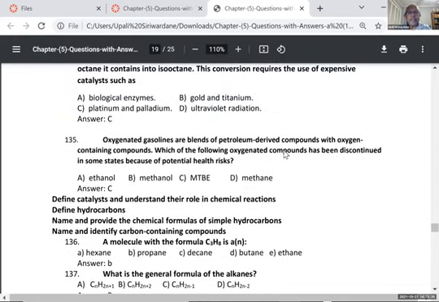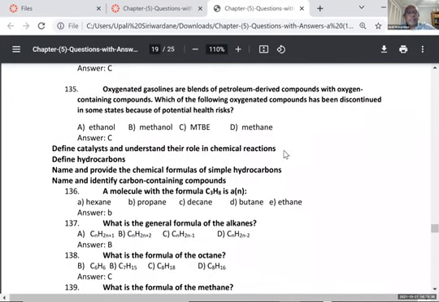Number 135, oxygenates are blends with oxygen containing compounds. Which of the following oxygenate compounds has been discontinued in the petroleum industry? C is discontinued. We use ethanol.